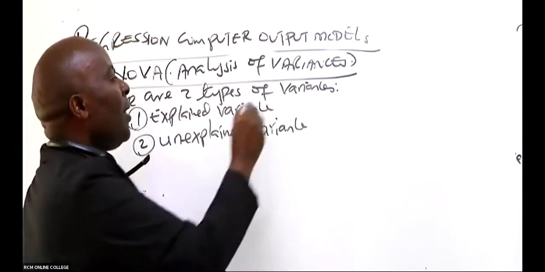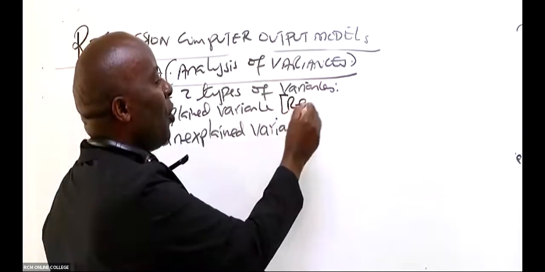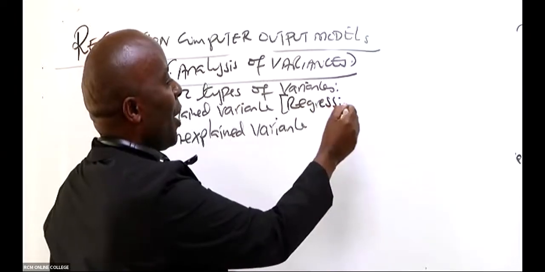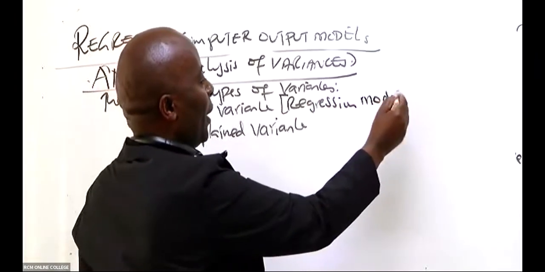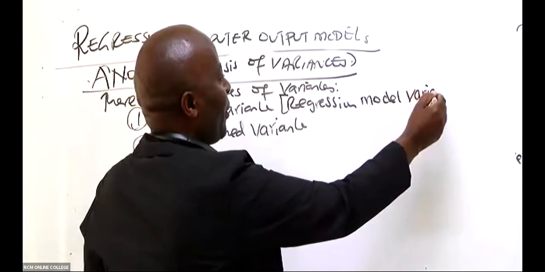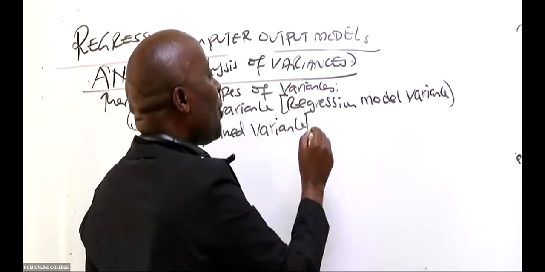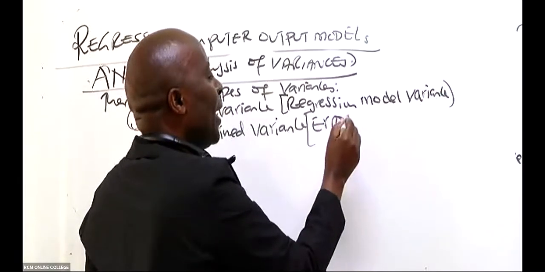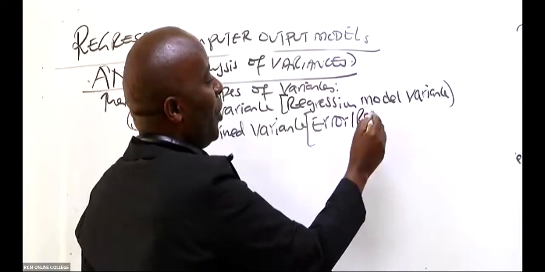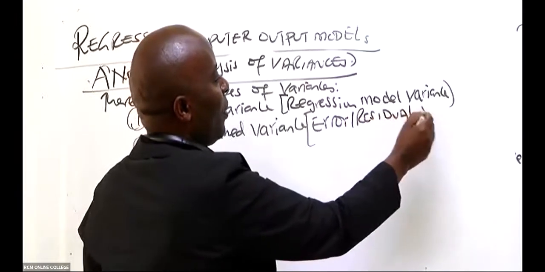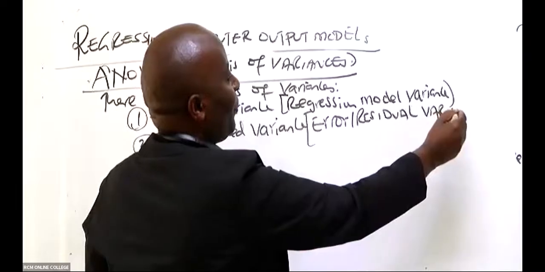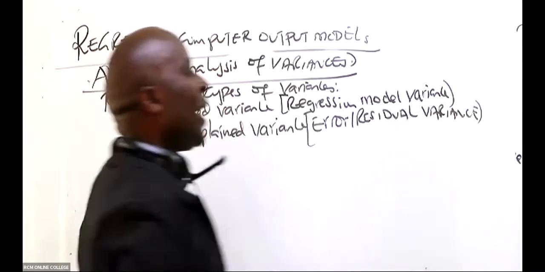Explained variance is also known as regression model variance. The unexplained one is also known as the error or residual variance.